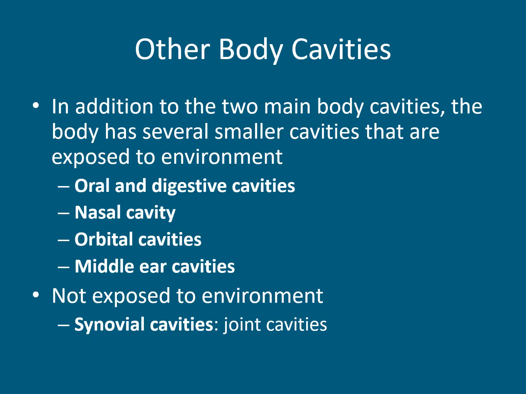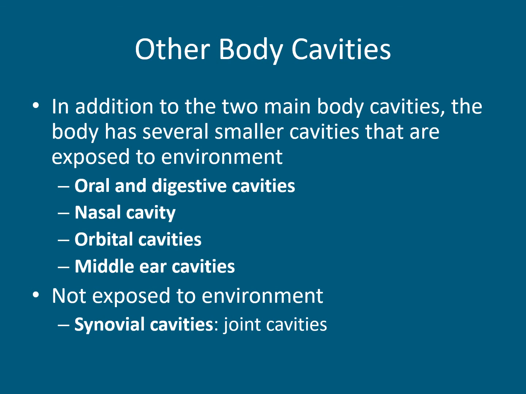Now, there are additional body cavities in addition to what we've already talked about. There are some other smaller cavities. Some of these are exposed to the environment, such as the oral cavity, which is your mouth, and digestive cavities, your nasal cavity, orbital cavities, where your eyes are, and the middle ear cavities. We tend to study those in more detail when we are studying that particular system.